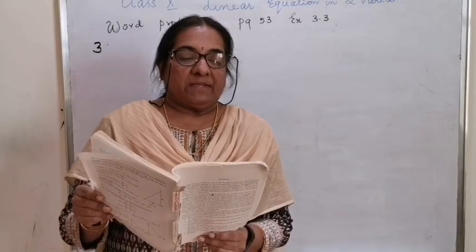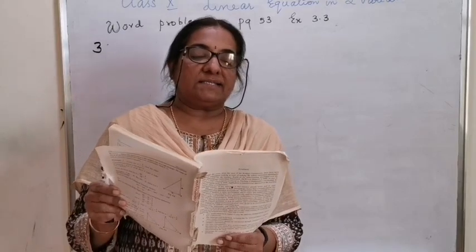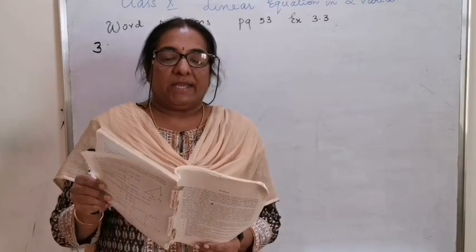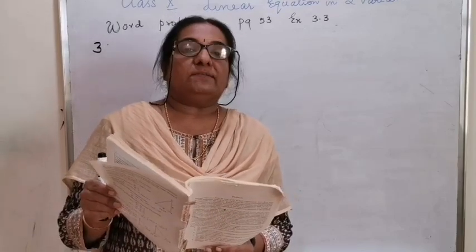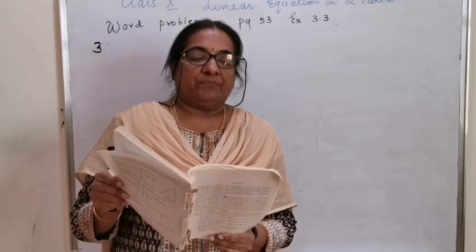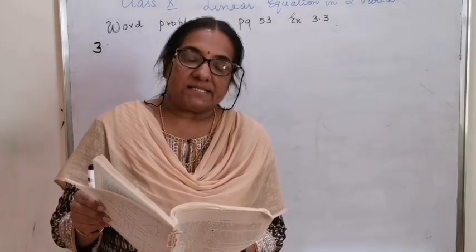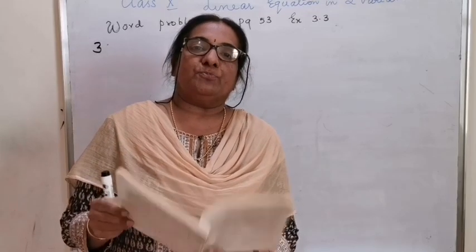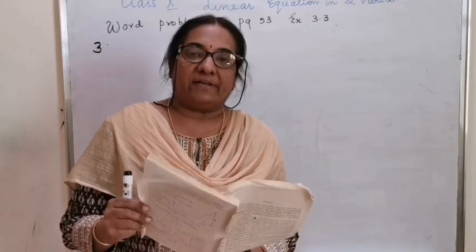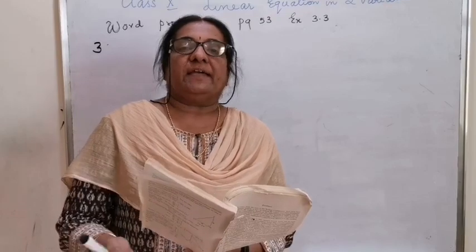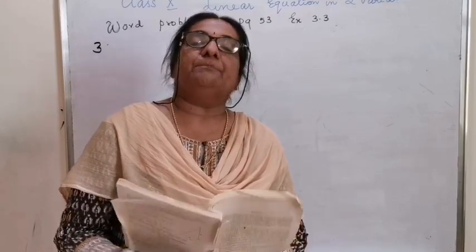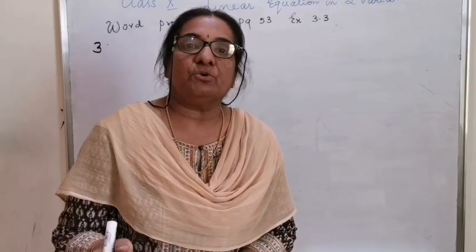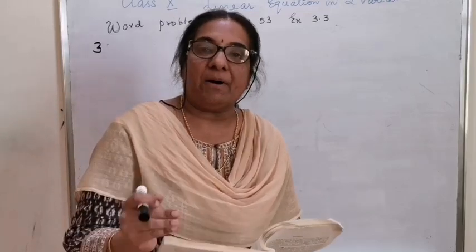Subdivision 4. The taxi charges in a city consist of a fixed charge together with the charge for the distance covered. When you observe any taxi fare, the fare starts from a meter which starts not from 0 but after a fixed amount.